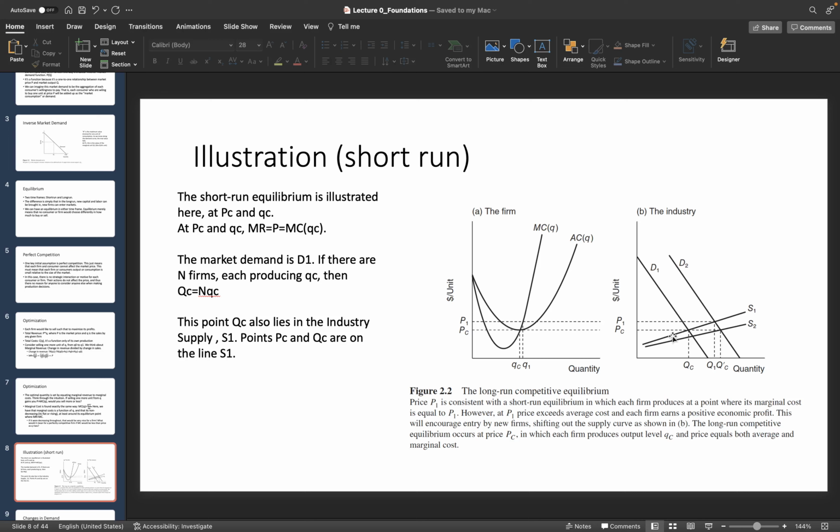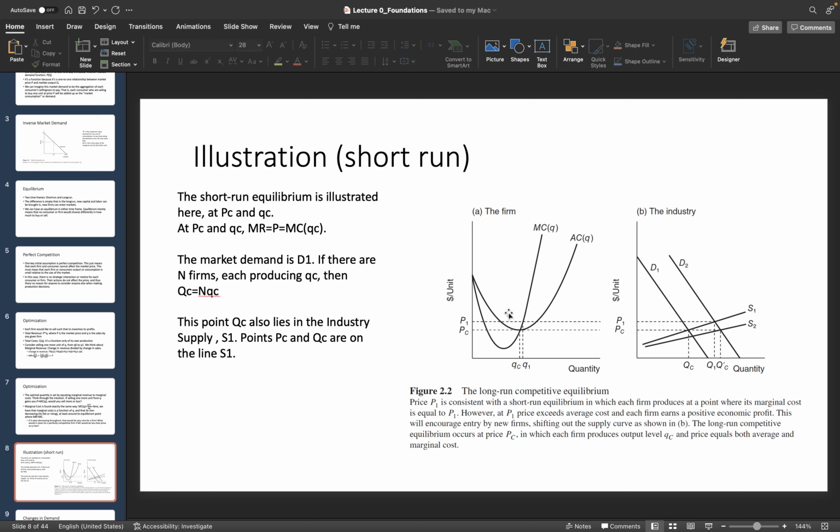There's a marginal cost for this firm, and then 2QC is here, so there's a second marginal cost for 2QC. And over here, there's a third marginal cost for 3QC, etc. So the supply curve for the industry is just the horizontal summation of all of these marginal costs for each of the different firms that you're adding horizontally.